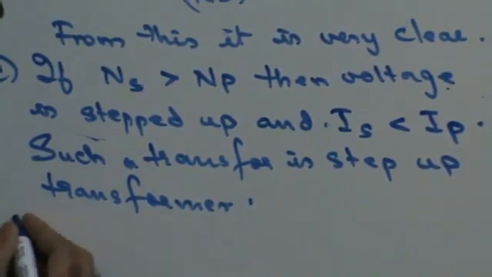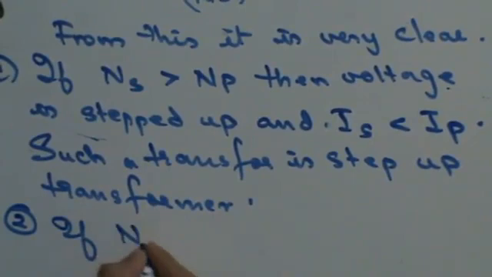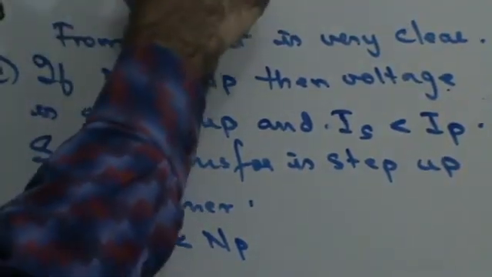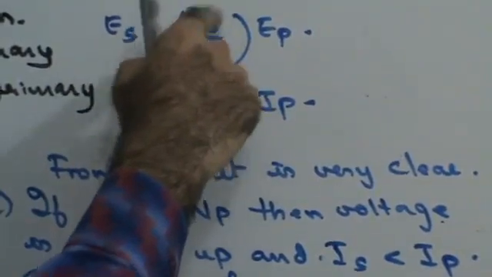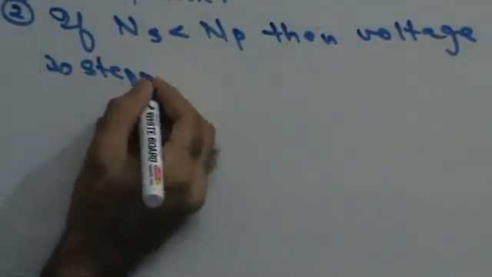Next, similarly, if the number of turns in secondary is less than the number of turns in primary, then this fraction will be less than 1, hence the secondary voltage will be less than the primary voltage, and the voltage is stepped down.